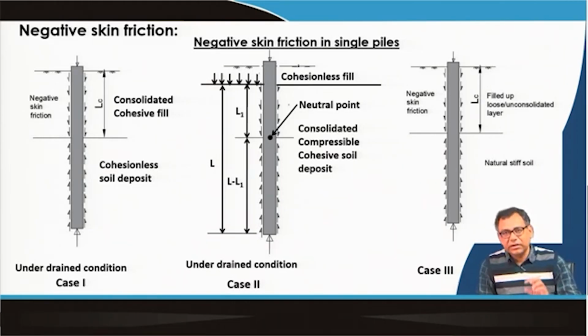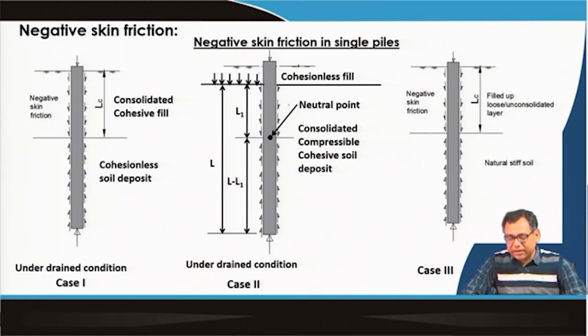Another condition: your natural soil is a very soft soil or soft clay, because it is cohesive soil, very soft, and you are applying a fill over that which is cohesionless soil. That means the cohesionless fill is placed over the natural very soft clay.